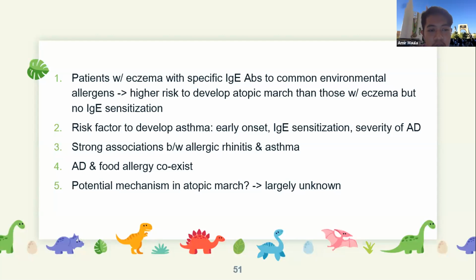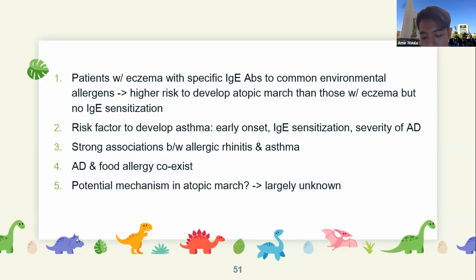Next one is how atopic dermatitis and food allergy coexist. Their interaction with each other is very complex, but there has been research saying that 50 to 70% of patients with early onset atopic dermatitis are sensitized to one or more allergens, for example cow's milk, hen's egg, peanuts, house dust mite, and pollen.